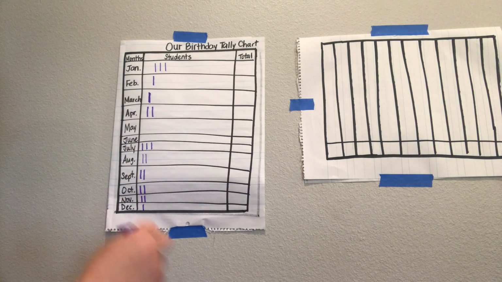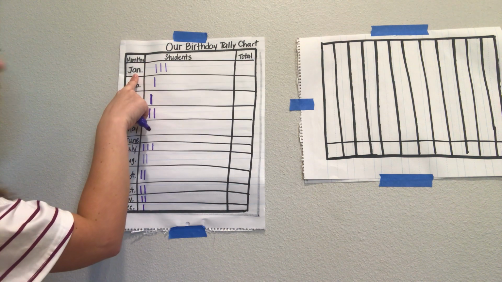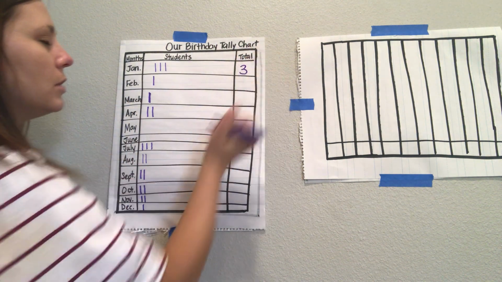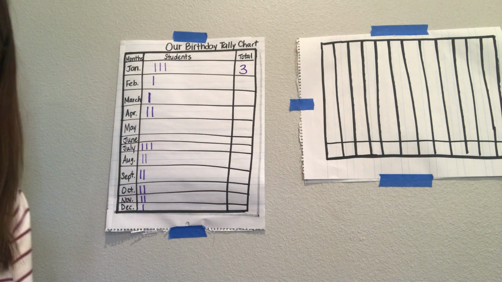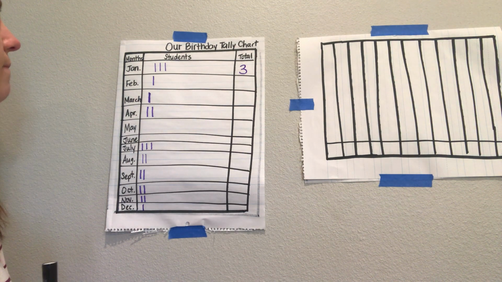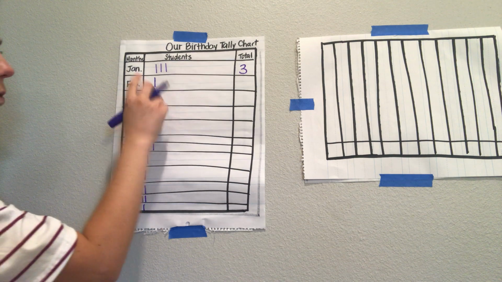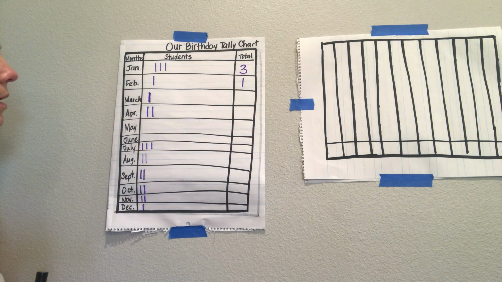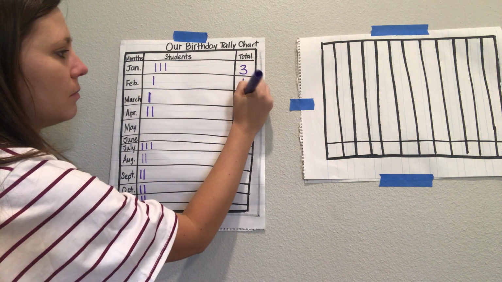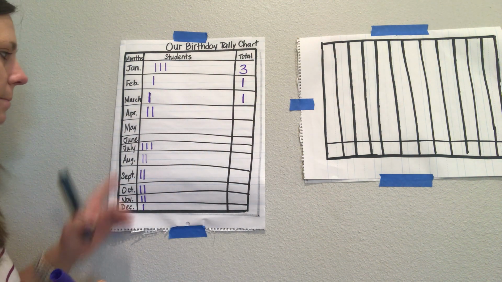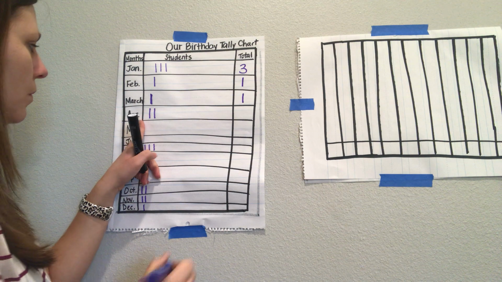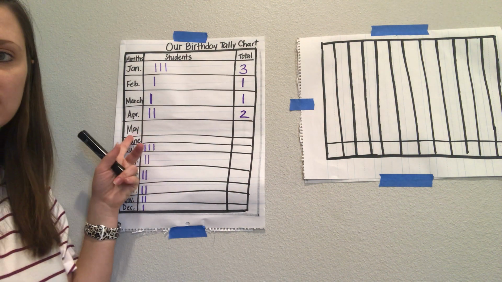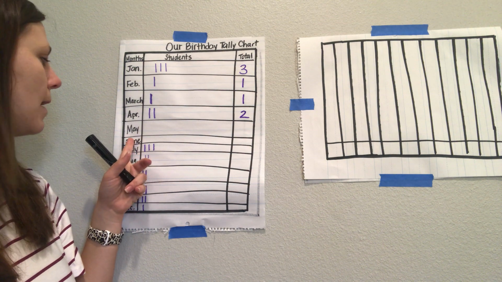So January had how many? Here's January. There were 3, so 3 total students have a January birthday. In February, there was 1 student with a February birthday. In March, there's 1 student with a March birthday. In April, there are 2 students. How many students were there that had a birthday in May?